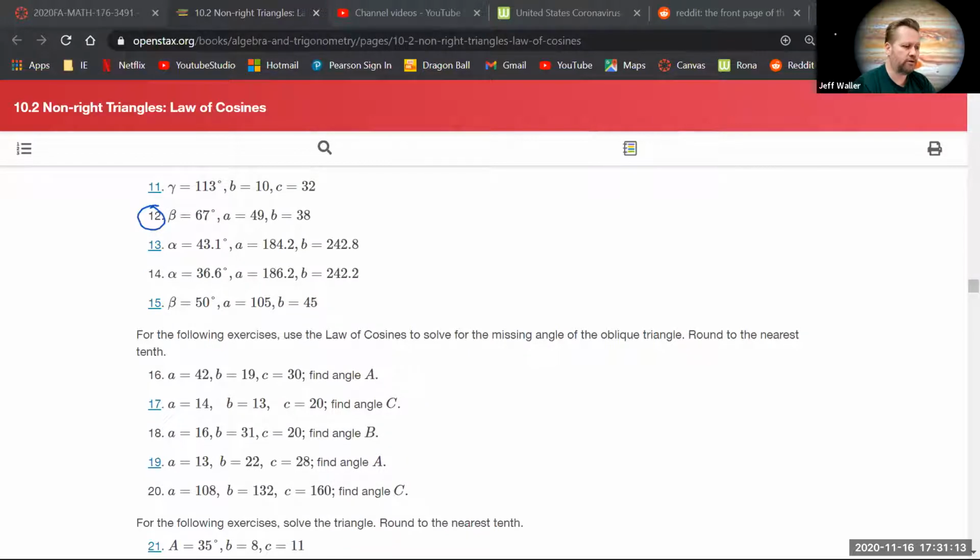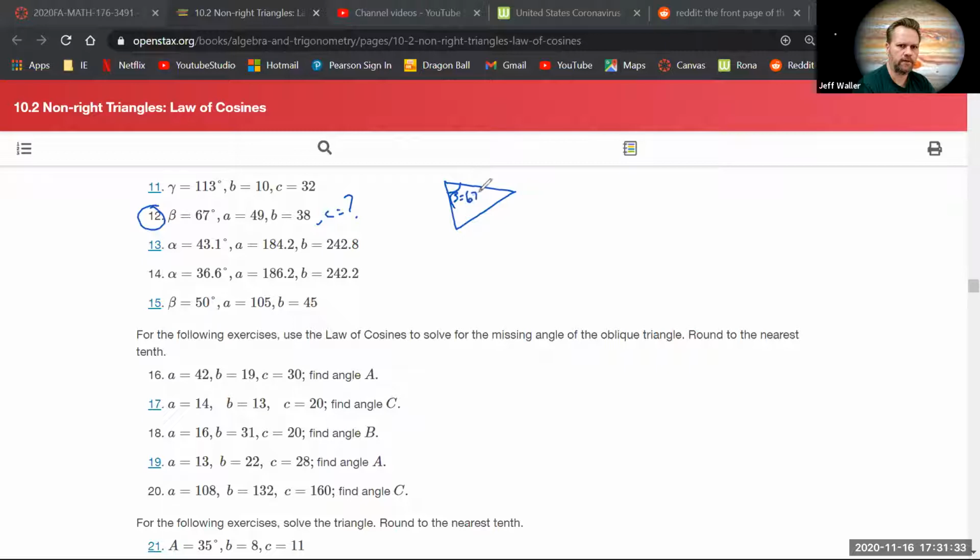If it says solve the triangle, that means completely solve the triangle, find all the answers for all the sides and all the angles. This one just wants side C. So I can set this up, make a generic triangle. I'm going to put beta right here.